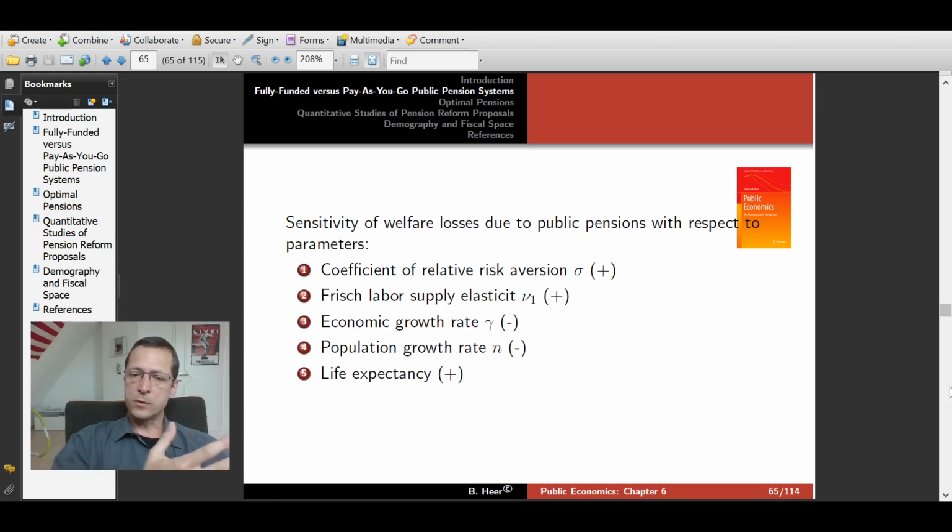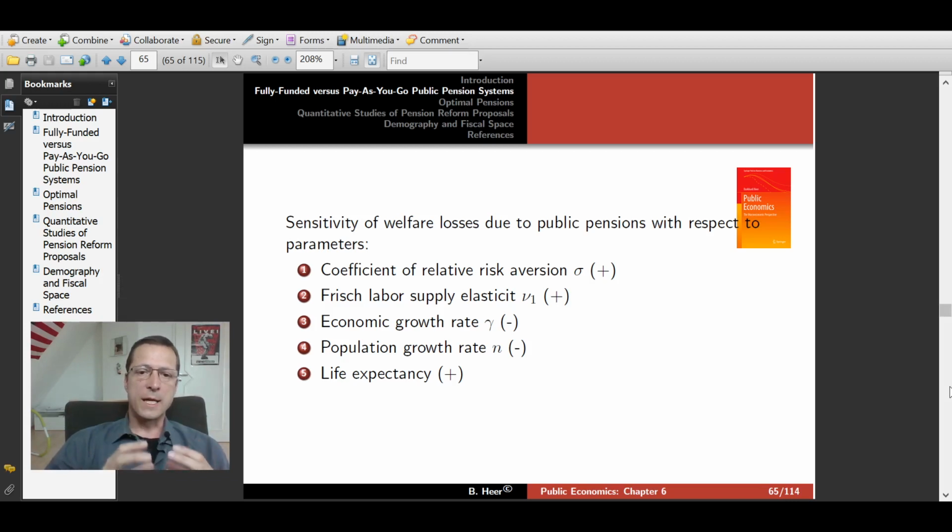Some people are lucky and earn a lot during their lifetime, some people are not. And all these factors are important to derive the optimal amount of pensions. And we will find that pensions, of course, should be highly progressive, so that basically people in old age receive more or less the same pension, and we redistribute in old age from the rich, who have contributed a lot to the pension system, to those who have contributed little to the pension system.